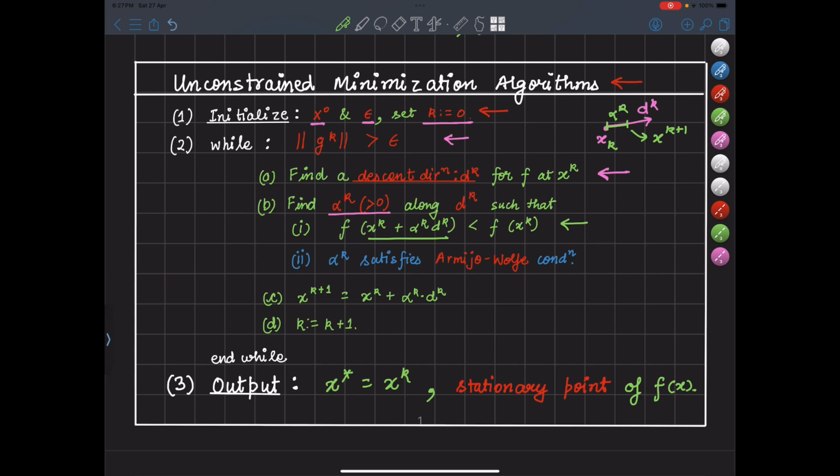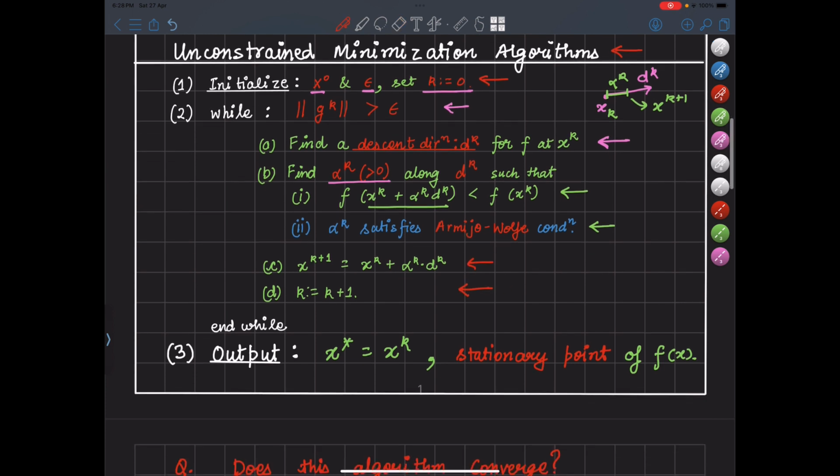That is the requirement. The second requirement is alpha k should satisfy the Armijo-Wolfe condition or Armijo-Goldstein condition, which we discussed in the last lecture. Then we update the variable x, and we also update the iterate. We do this till the gradient comes under limits, this loop stops, and we find the stationary point x star through this algorithm.